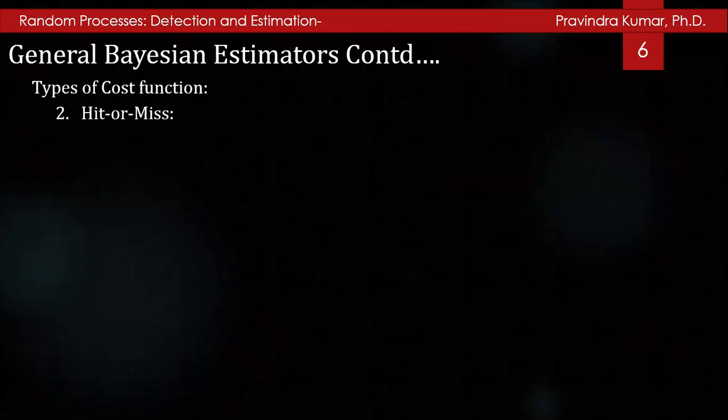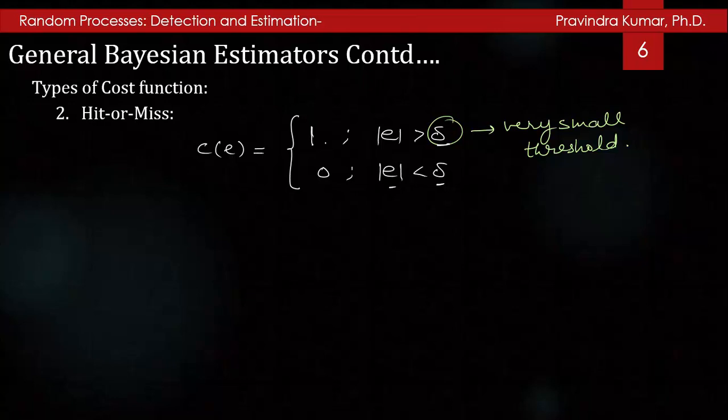Now the third one is the hit or miss cost function. Here the cost function is described by modulus e greater than delta, and it will be 1, and when modulus e is less than delta, it will be 0, where delta is a very small threshold.